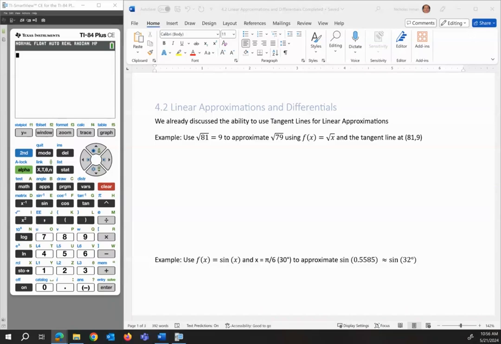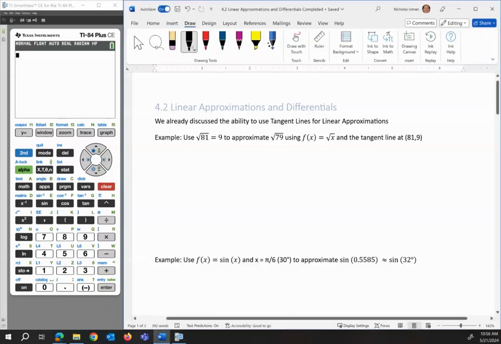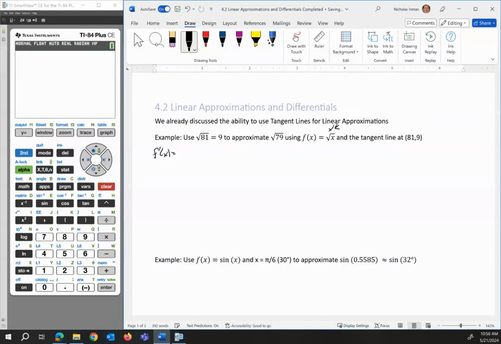So we do the following. To create a tangent line to f of x equals the square root of x, we have to find the derivative. Remember the square root is the 1/2 power, so we have 1/2 x to the negative 1/2, or 1 over 2 square root of x. That's the derivative.